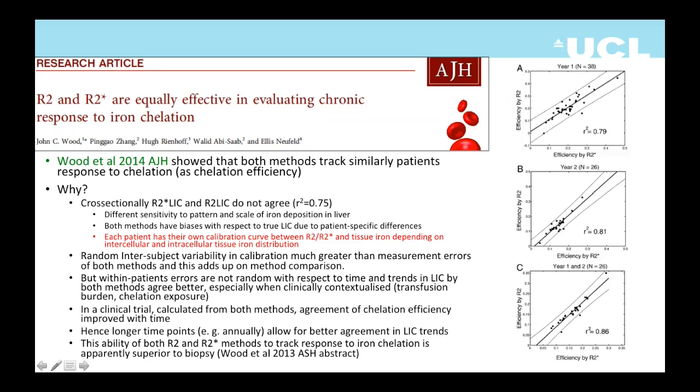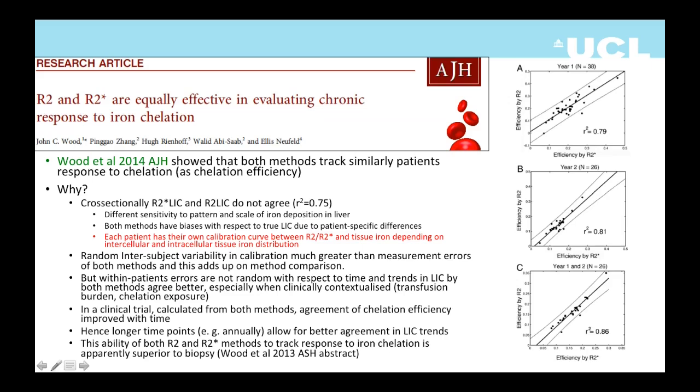And so when you compare these methods, this variability actually adds up. But if you go away from intersubject comparison and look at within patient comparison, these errors kind of cancel each other out, and you have much better agreement. Especially if you contextualize change in liver iron, if you take into consideration transfusion burden and chelation exposure.